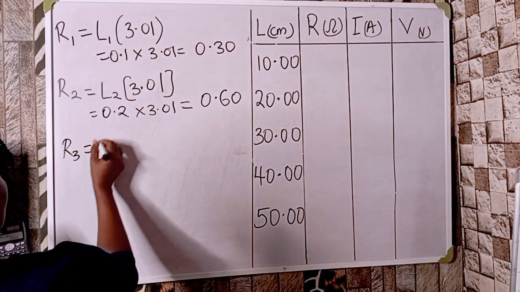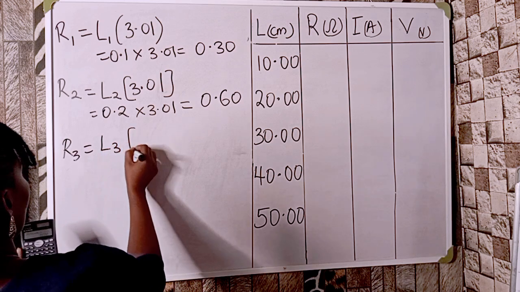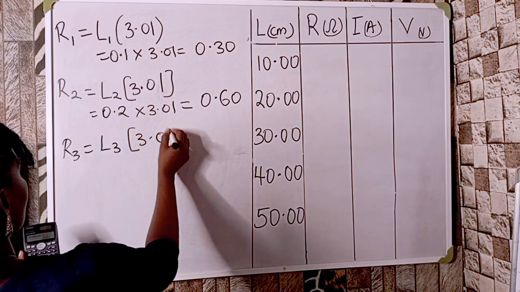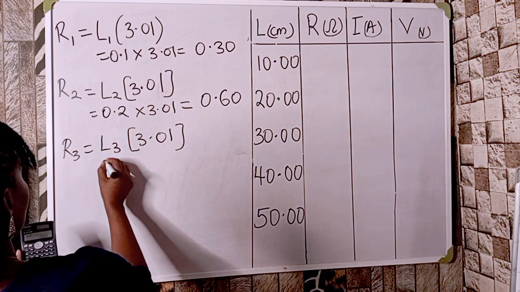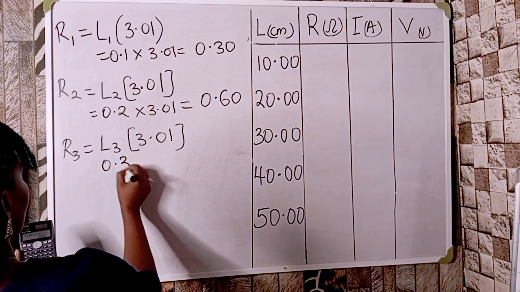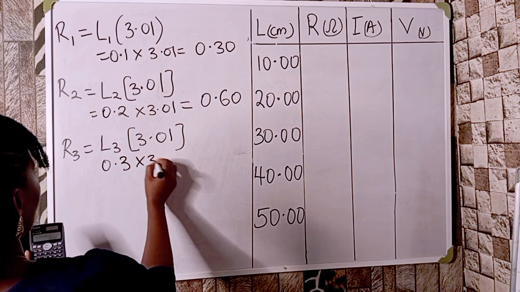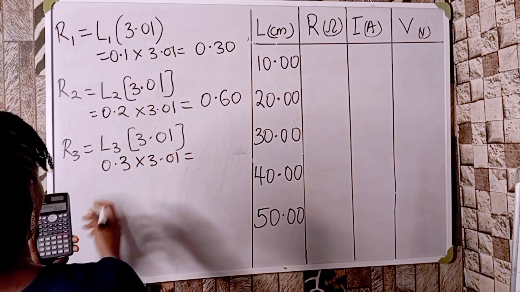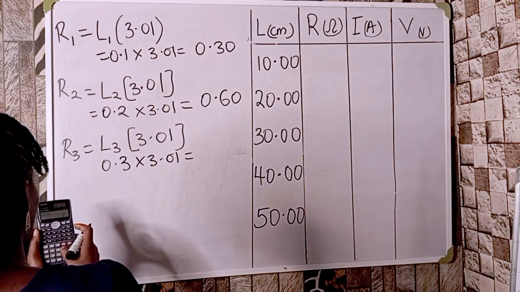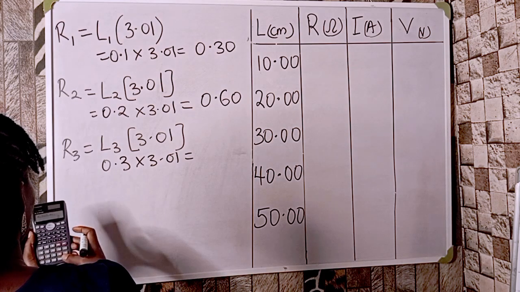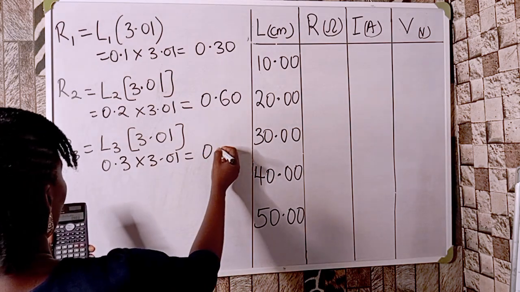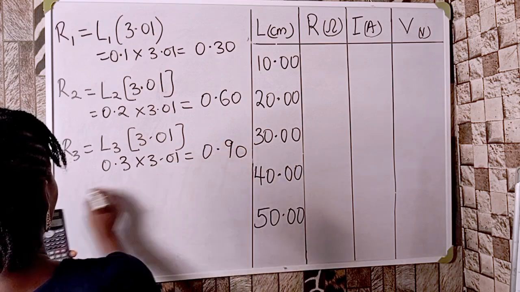R3 is equals to L3 bracket 3.01. 0.3 times 3.01, which will give me 0.90.